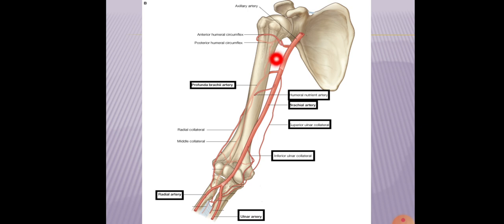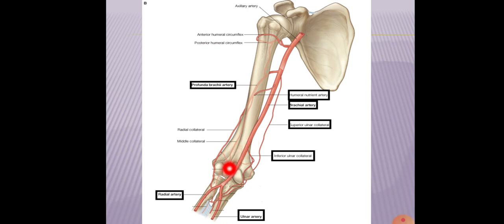So this one is the brachial artery. The beginning of the brachial artery is the continuation of the axillary artery at the lower border of teres major, and it terminates here in the cubital fossa. This fossa in front of the elbow is known as the cubital fossa.